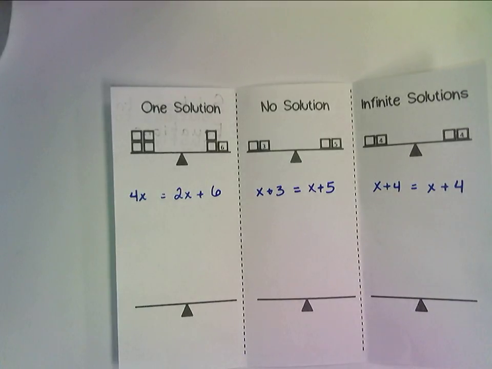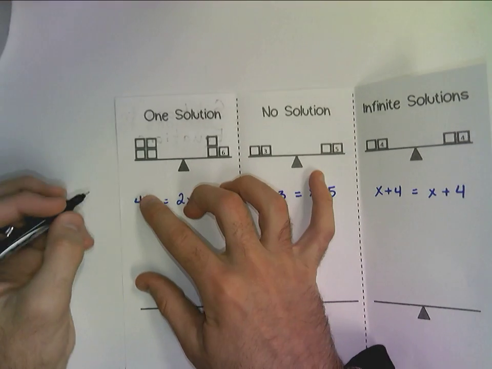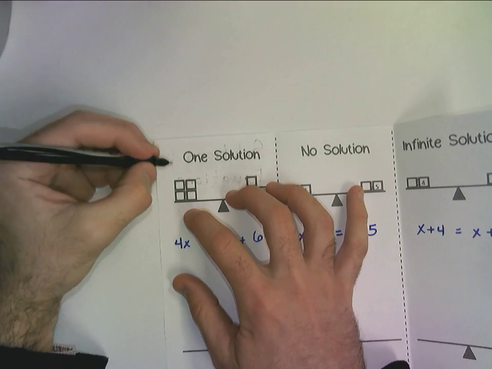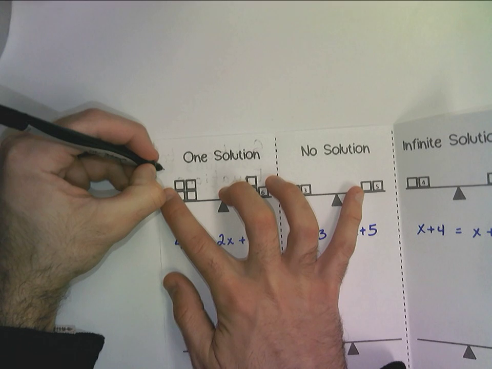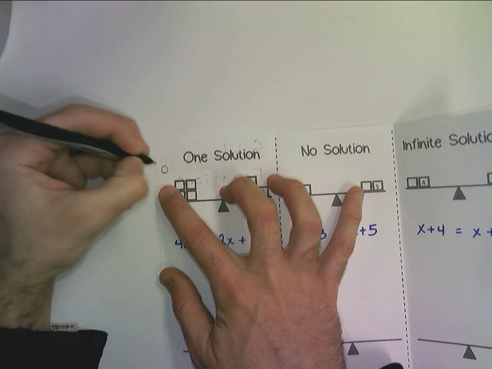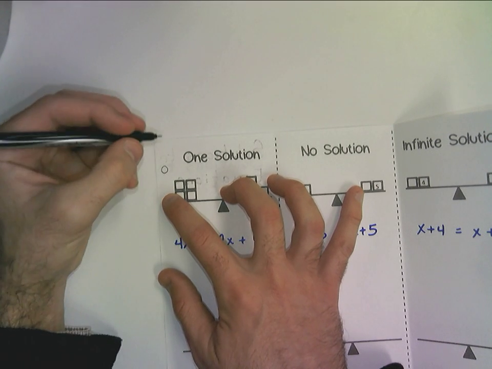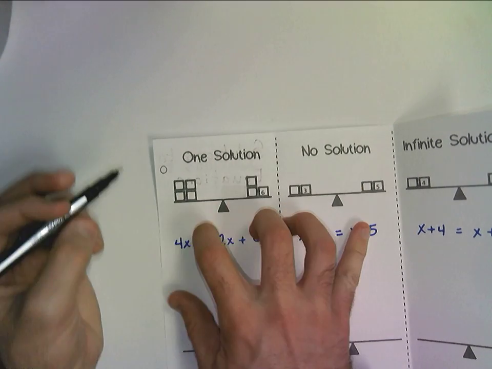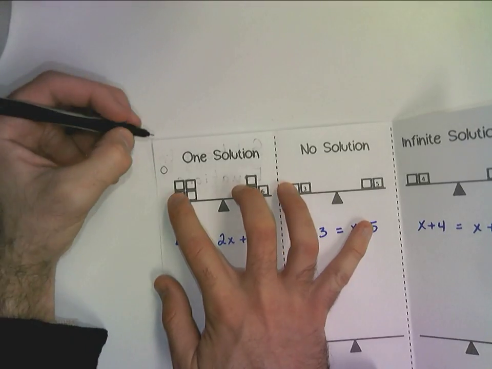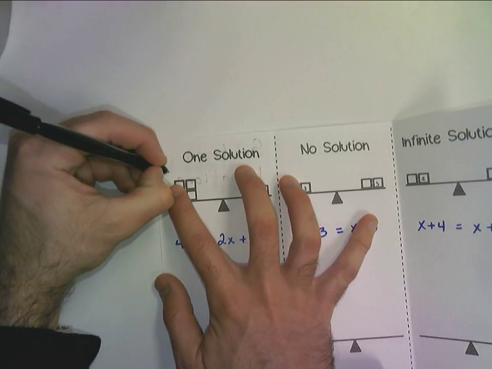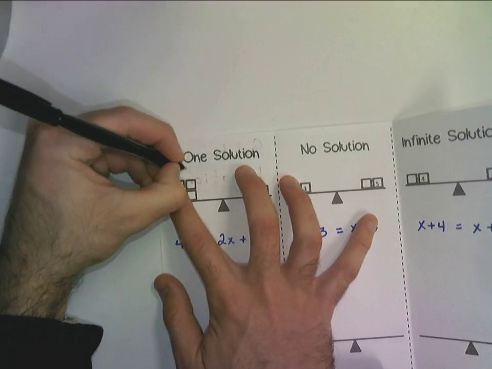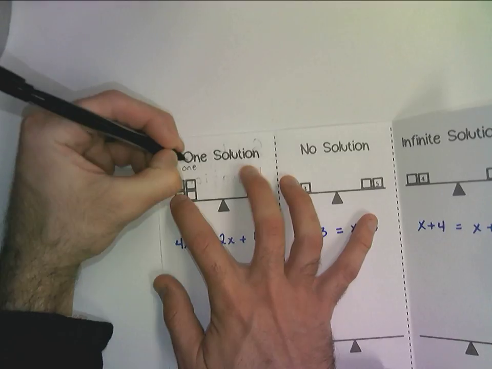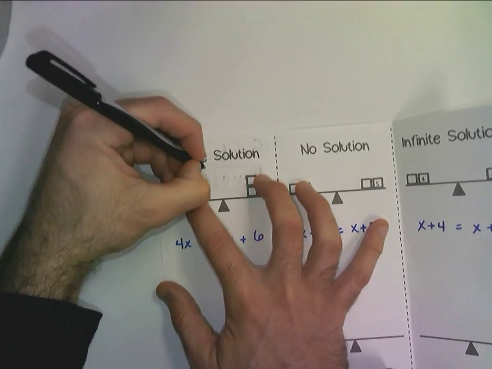So let's look at one solution. With one solution, it tells us that only one number works to make both sides of the equation equal or balanced, kind of like these scales that we have here. And we'll look at those in a second as well. So only one number works.